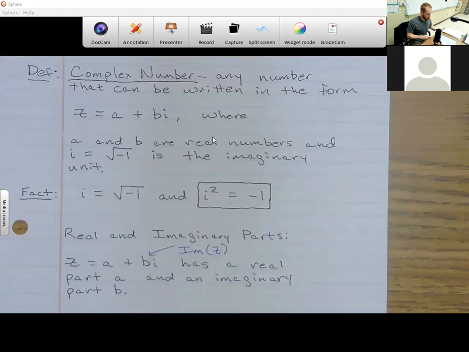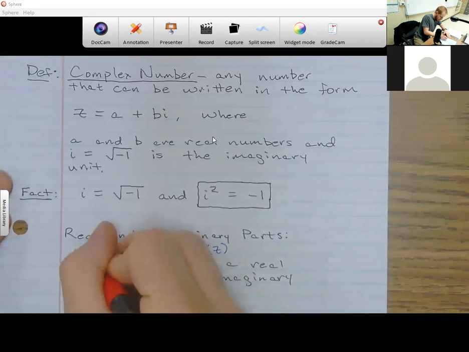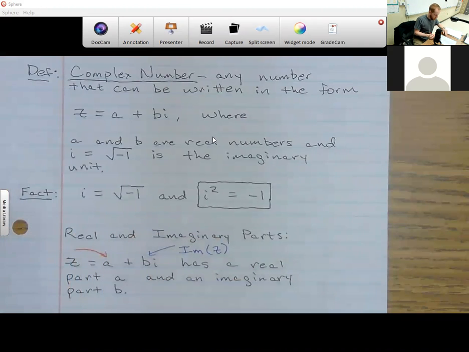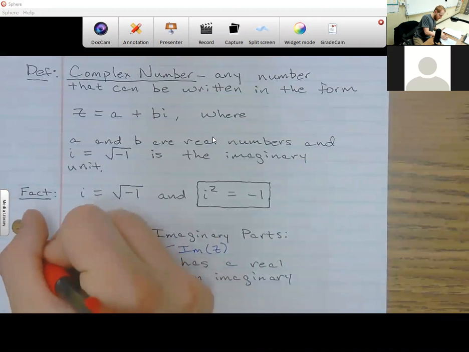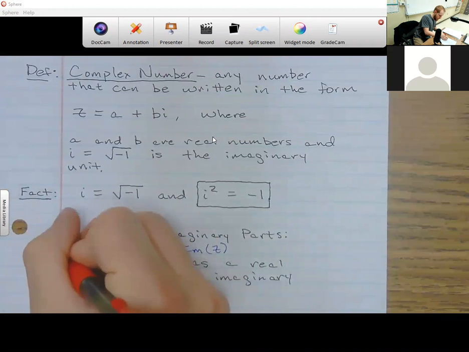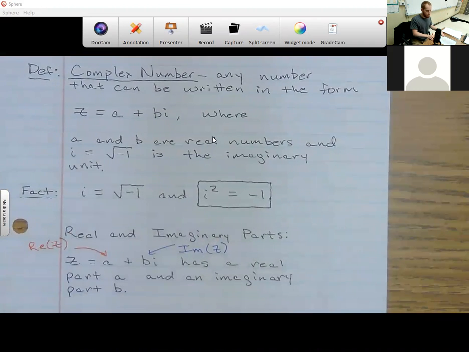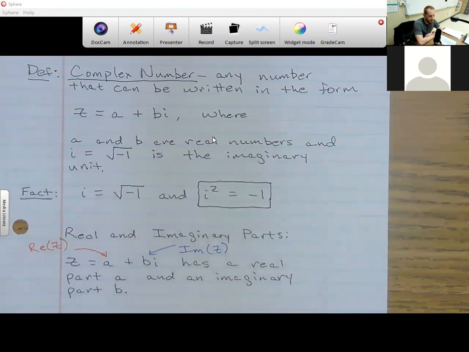And I'm going to change my color to red, and I'm going to draw an arrow to the a. There we go. a is going to be known as Re of z. So oftentimes when I write complex numbers, I'll actually use red and blue. Red will just stand for the real number or the real part, and the blue will always stand for the imaginary part, whatever b is.